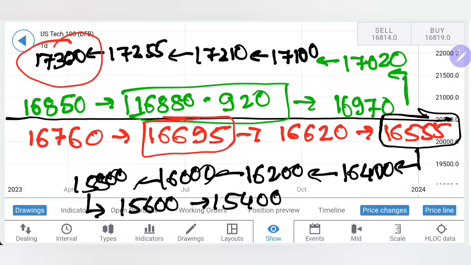But yes, for Tech 100, these levels are certainly going to play out well.